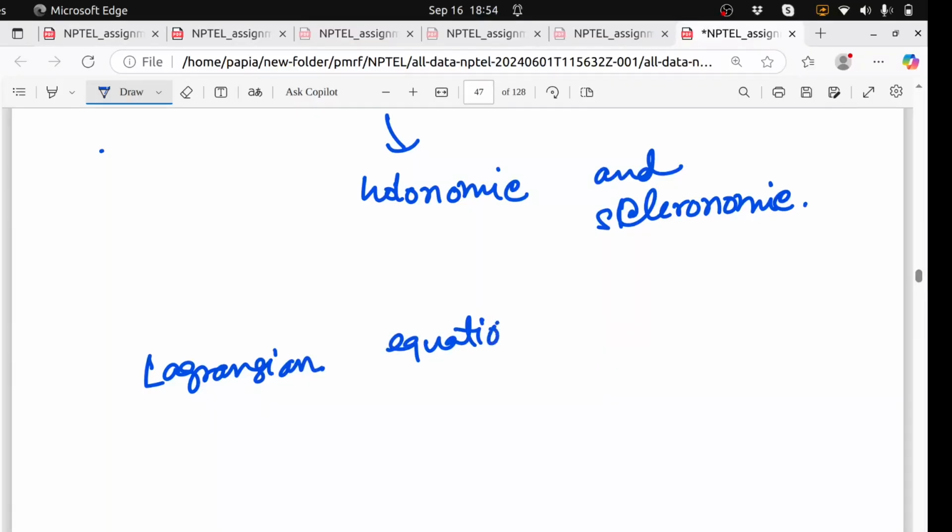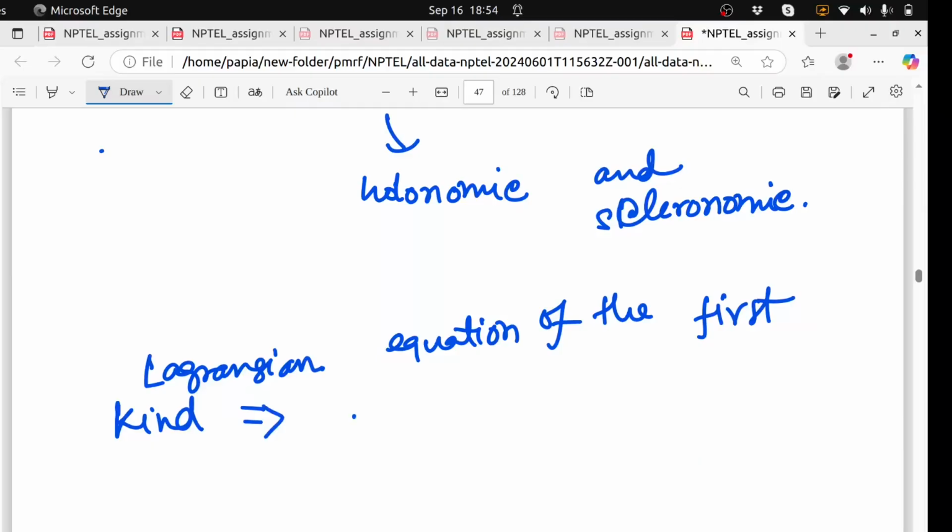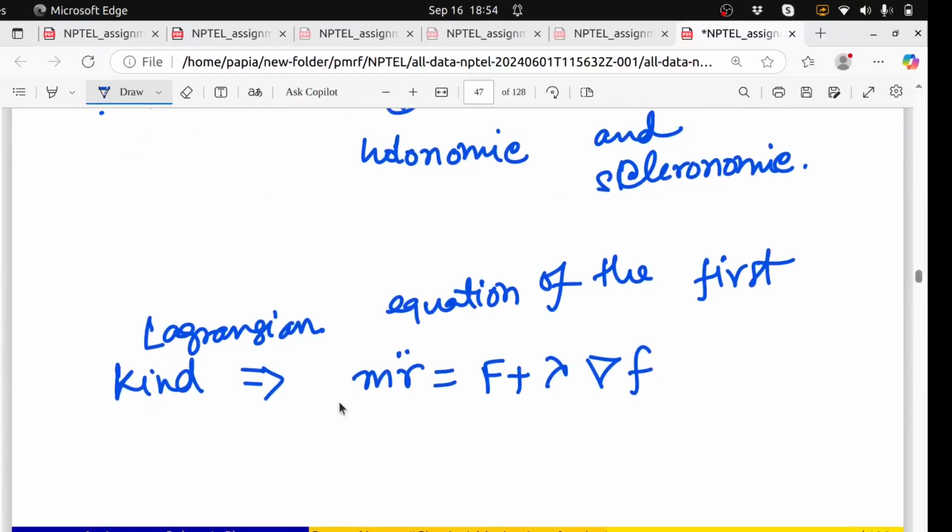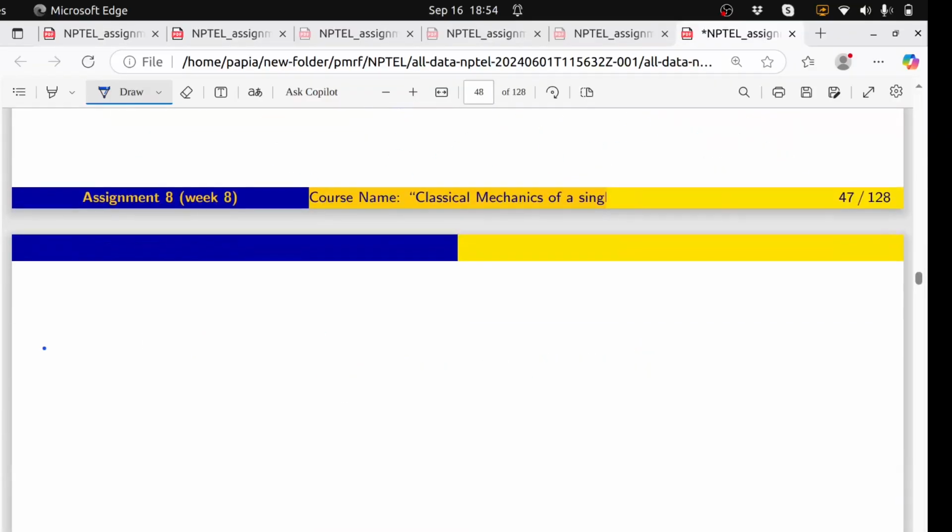Now coming to the Lagrangian equation of the first kind. What is this one? This one is nothing but m r double dot equals F plus lambda grad f. So what are these terms? Let me write here.